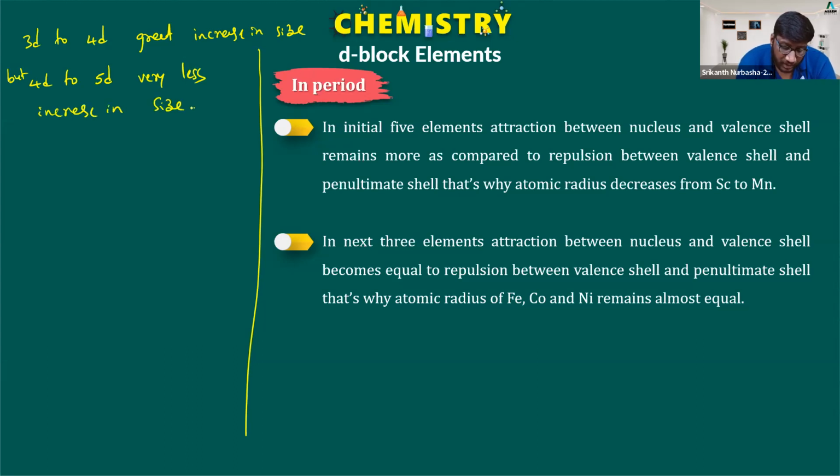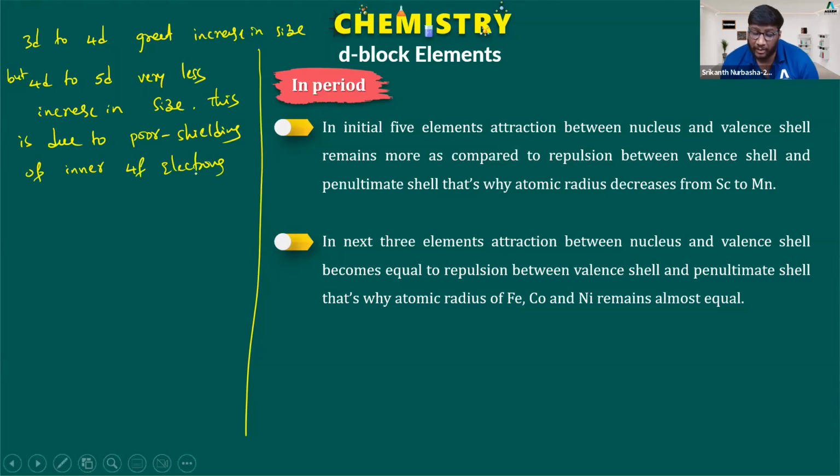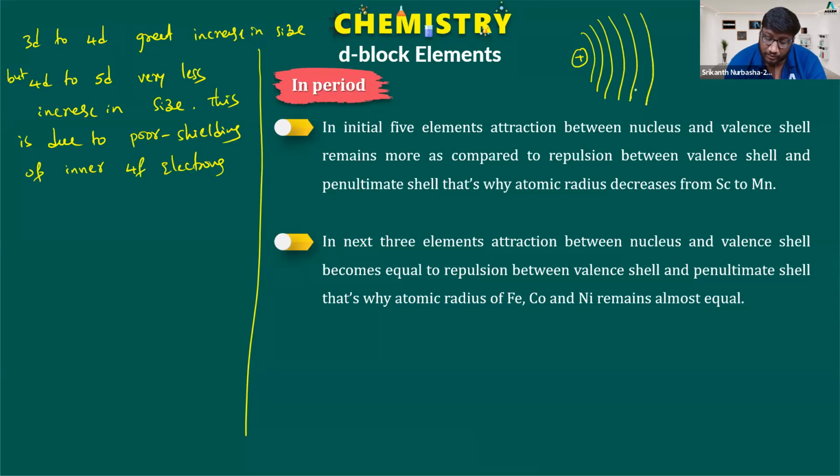This is due to poor shielding of inner 4f electrons. You can imagine this lanthanide contraction in this way. You have nucleus, first shell, second shell, third shell, fourth shell, fifth shell, sixth shell. So you have 6s2 here.